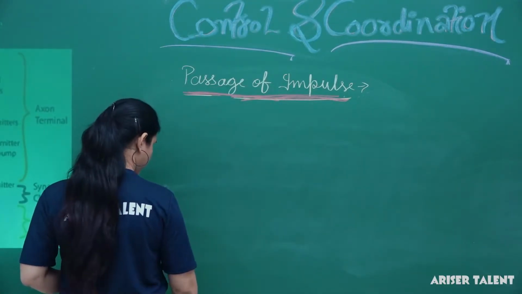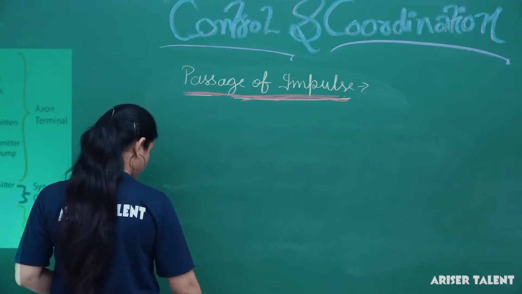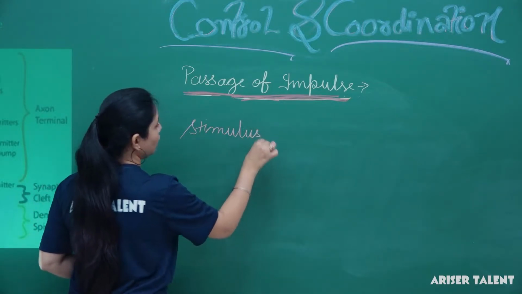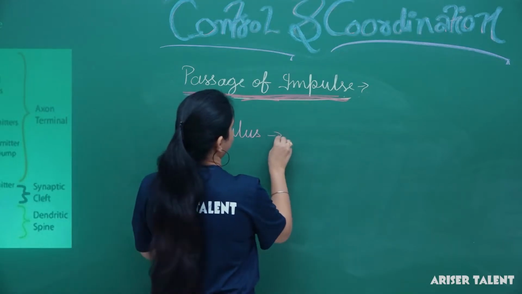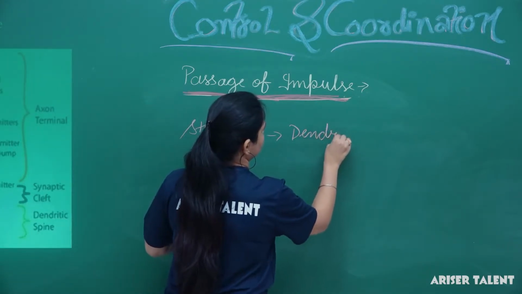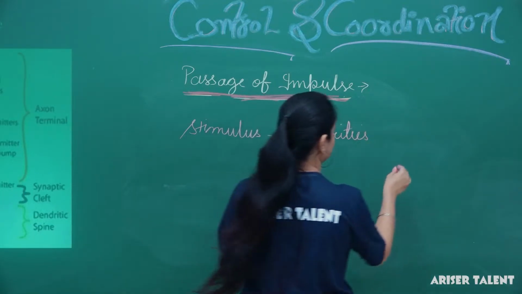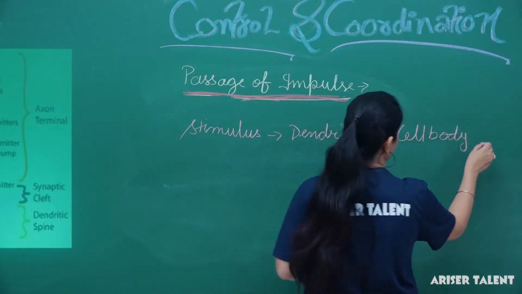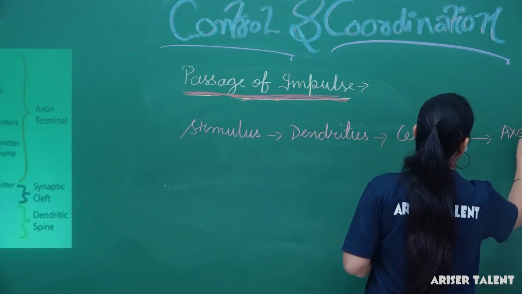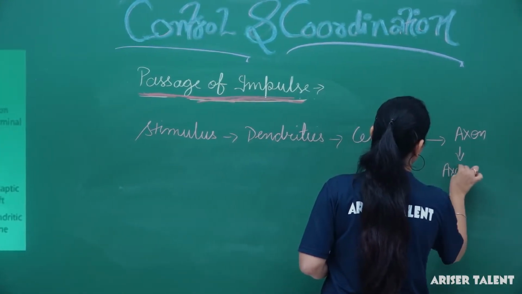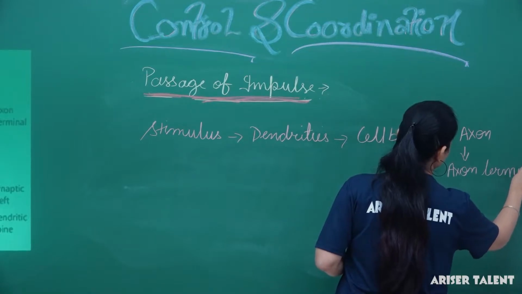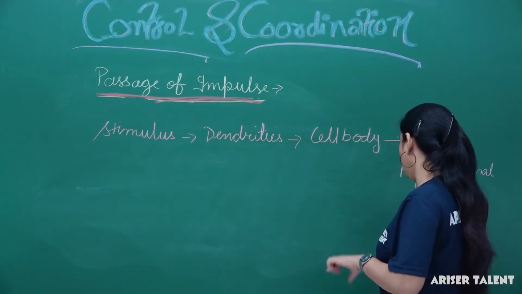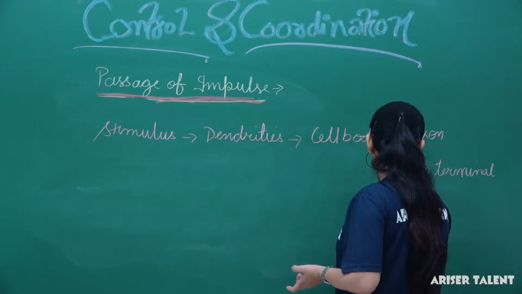Okay, passage of impulse, generally as I told you, when the dendrite receives any stimulus, then it passes it to the cell body, the cell body passes it to the axon, the axon passes it to the axon terminal, and then it is passed through what? It is passed through other impulse or other nerve.